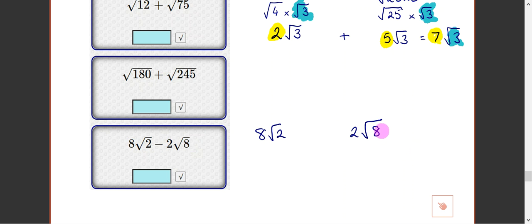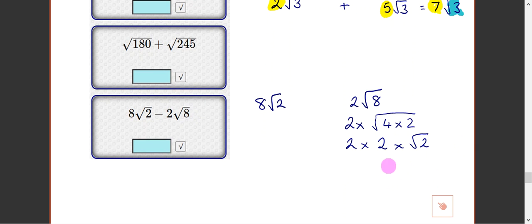So 2 root 8 will be 2 times root 4 times 2, which is 2 times 2 times root 2. So actually that is 4 root 2s. And we've got 8 root 2s over here, and be careful because we are going to subtract.